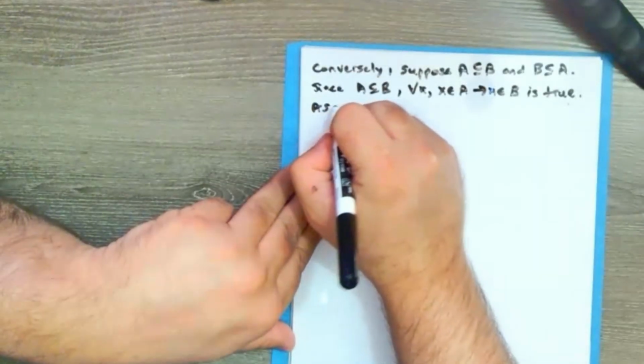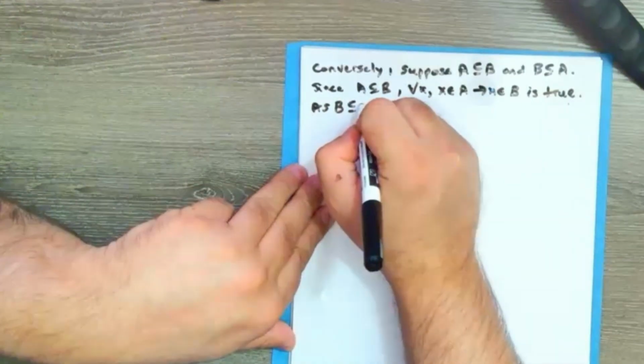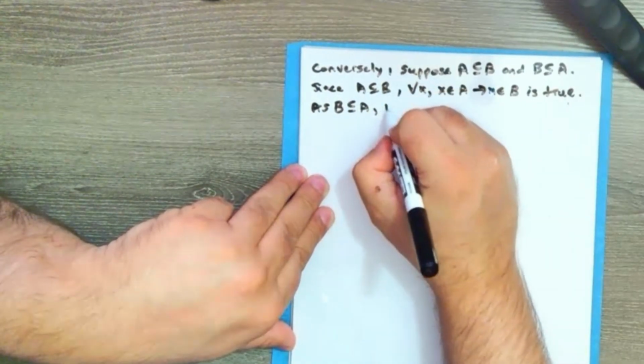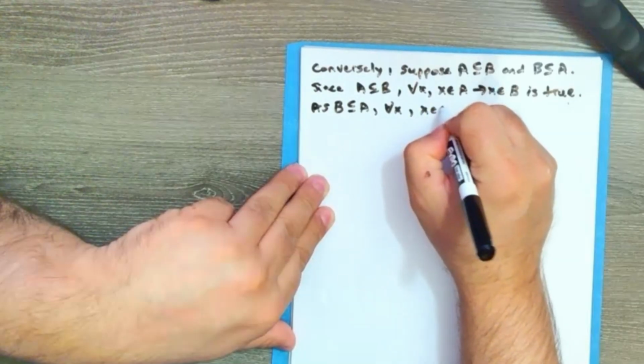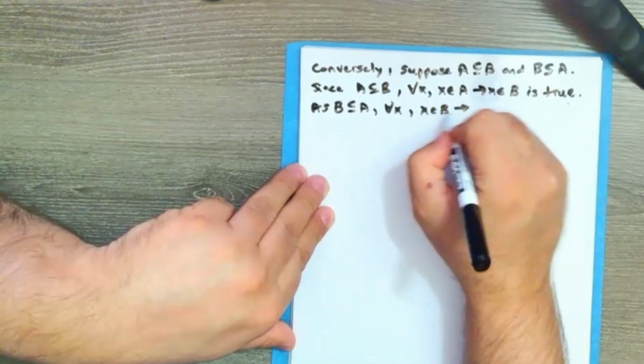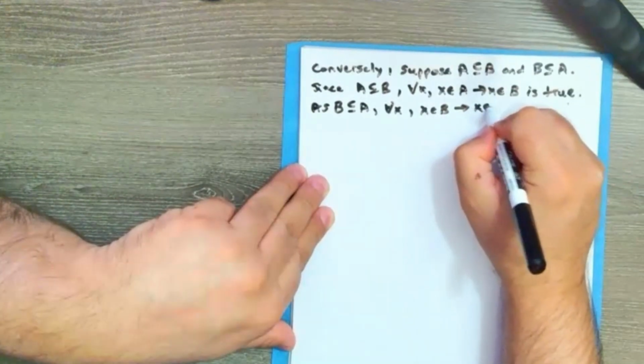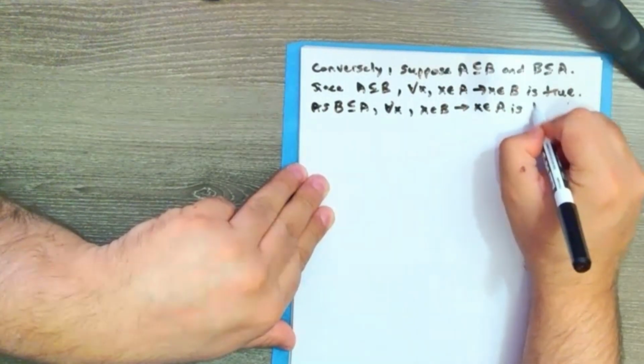And as B is a subset of the set A, we have that for every element x, the implication x is in the set B implies that x is in the set A is true.